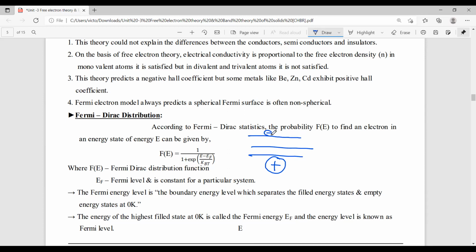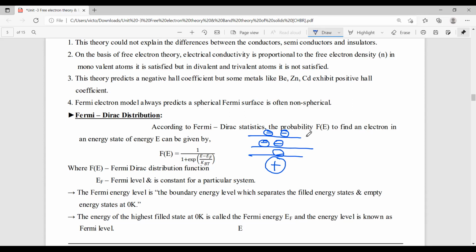These are the positions of the electrons in these energy states. So it gives the information about how many electrons, to find the electrons in the energy state of a given energy. So that is the importance of the Fermi-Dirac distribution function. It finds the electrons in the energy state. So how many electrons are there? Is there any chance?